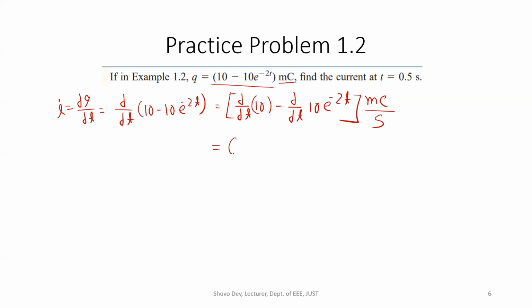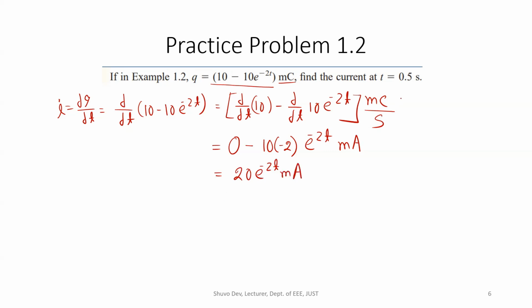It will be 0, and now differentiating this, as you all already know, the differentiation of the exponential term will be like this, e to the power minus 2t. The unit will be milliampere. So this will be 20 e to the power minus 2t milliampere.